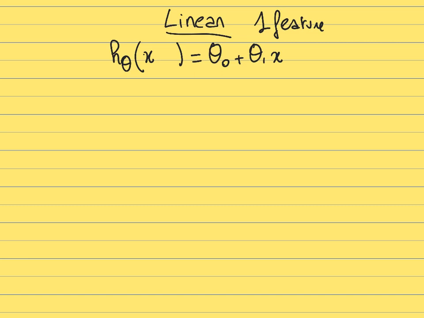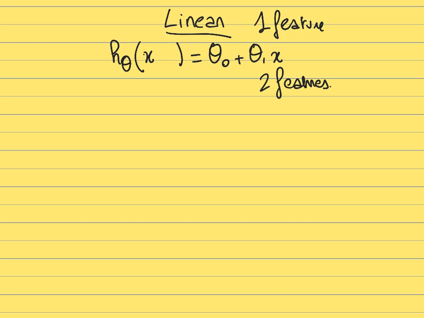That being said, if you have now another feature, like for example a feature x prime, where you have two features now, not just one. For example, if you're trying to predict the acceleration of a given object as a function of the mass of this object and as a function of the force that is applied to this object, then you will need two features. You need to know the mass, you need to know the force.